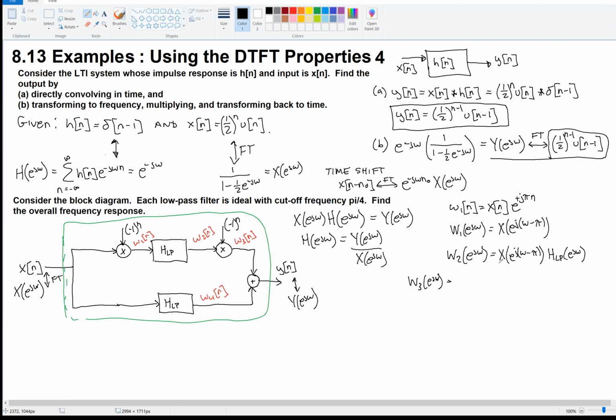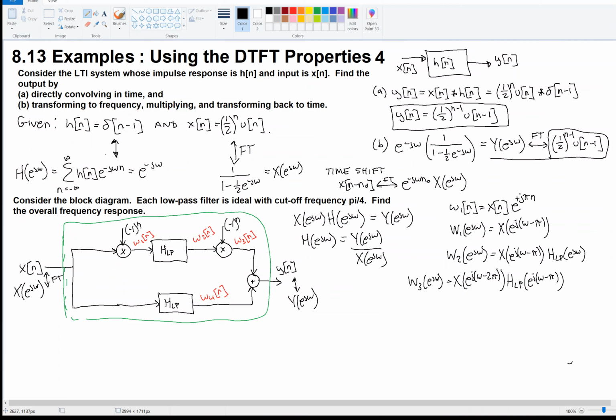So I'm going to take W2's spectrum, which is X times H, and shift it by another pi. Now the X has been shifted by 2 pi, and the low pass has been shifted by pi. Okay, so that's W3's spectrum.